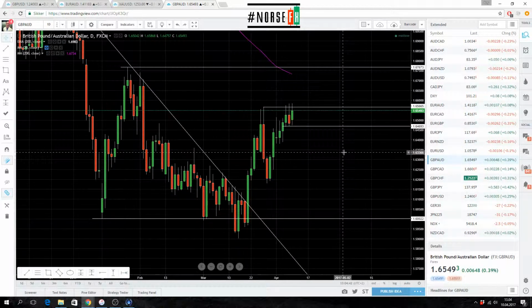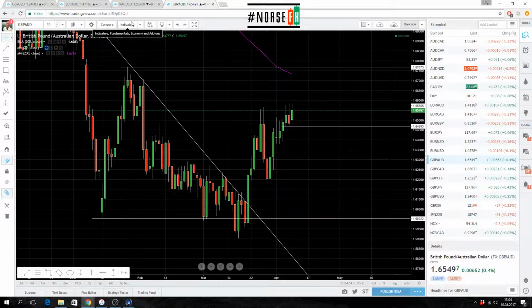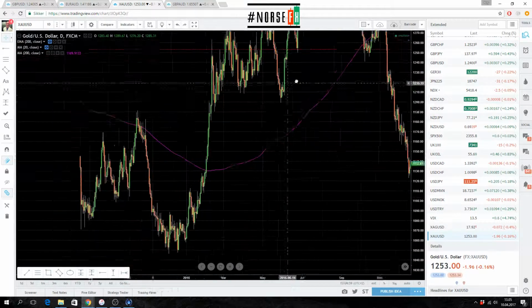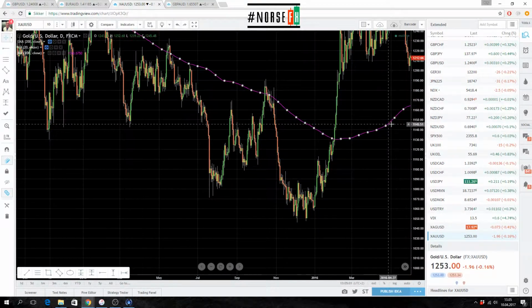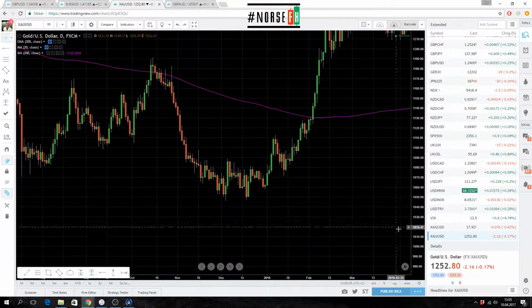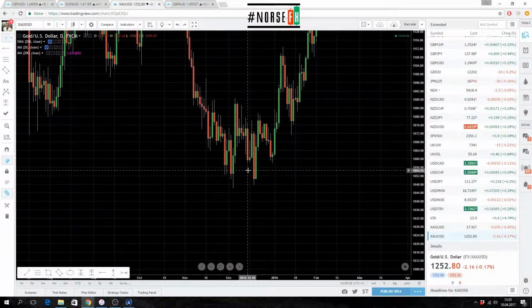I don't expect a lot of moves to happen, but I missed a big trade on gold two years ago because it was Christmas and I didn't think that price would respect any levels during Christmas. We can just go back quick and I'll show you what I mean. So we had this double bottom right here.